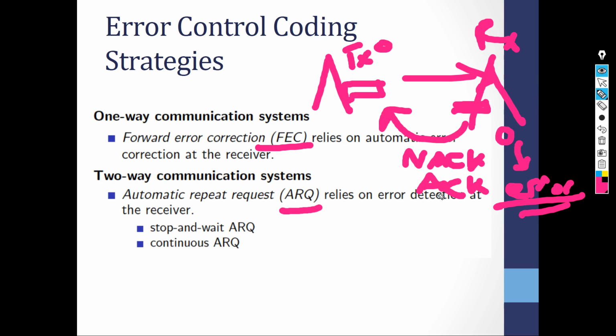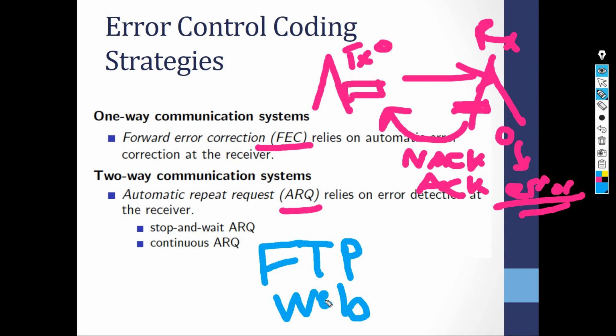So now let me ask you this question. Suppose you have two applications. One is an FTP application, file transfer protocol, or web browsing, or mail like SMTP mail.